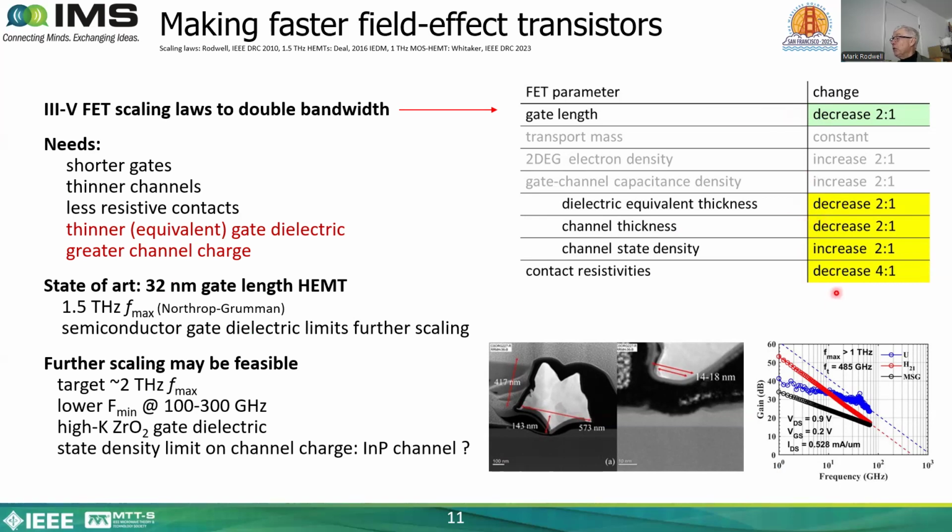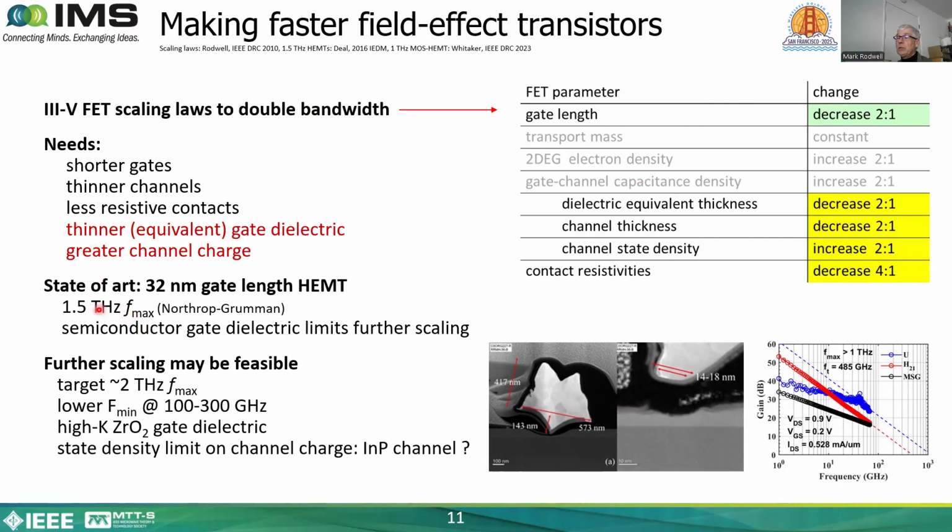We must reduce the resistivities of the ohmic contacts to the source and drain in addition. One subtle point, which is difficult to explain with very limited time, is we must increase what's called the state density of the semiconductor channel. This is the number of quantum states available to populate with electrons, and is necessary to increase the current density as we go through successive scaling generations.